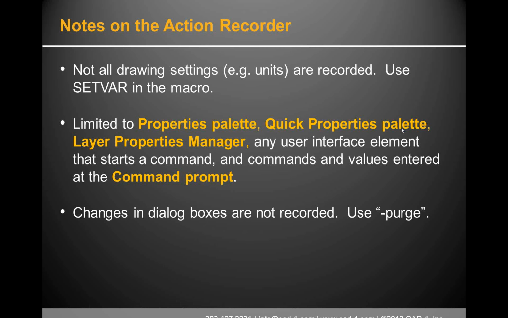Same with the quick properties palette. The layer properties manager too, so if you put a title block on layer 0 instead of on a no plot layer, or your viewport window, you could set up a recorder to update the drawing to have the viewport be on a no plot layer.